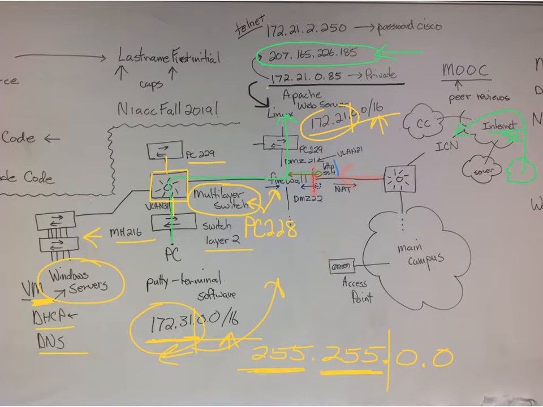It lets HTTP and secure shell in to the server here. So you can be out here on the internet and you can access, using the public IP, this particular server right here, because we allow that in. Now anything else trying to get in will be blocked.